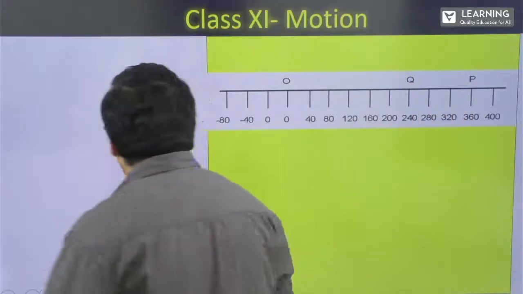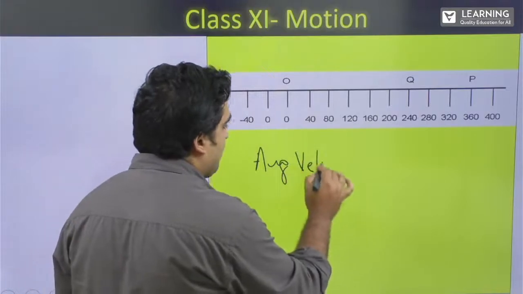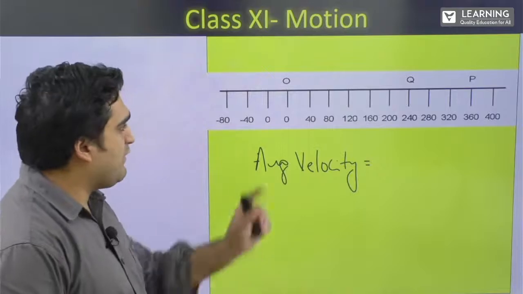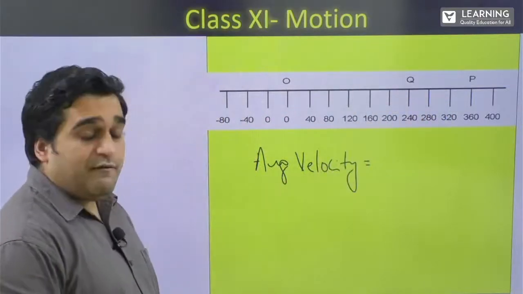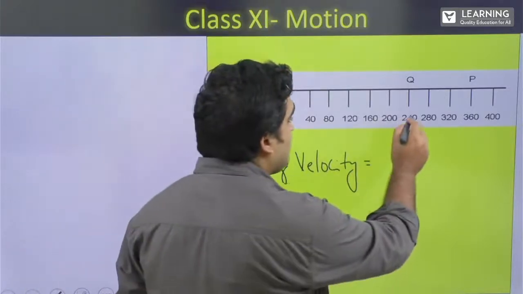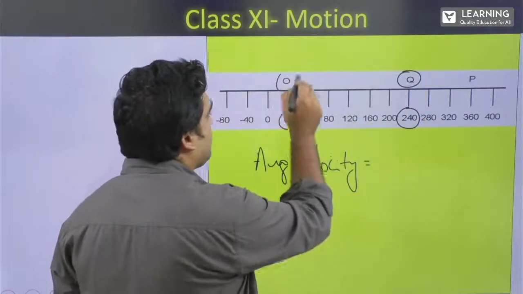Now we need to find the next part, which is average velocity, where average velocity is from O to P and back to Q. Average velocity is total displacement. And what is a total displacement? Final point minus the initial point.